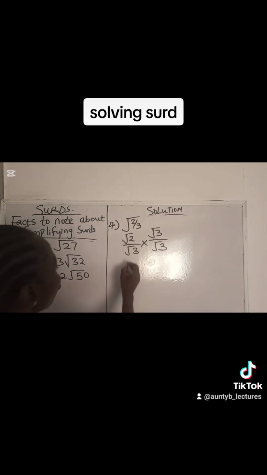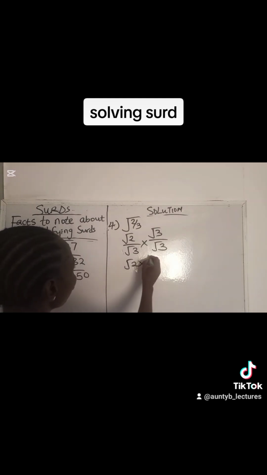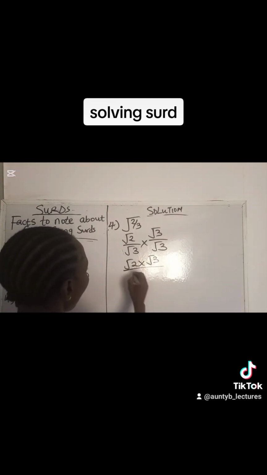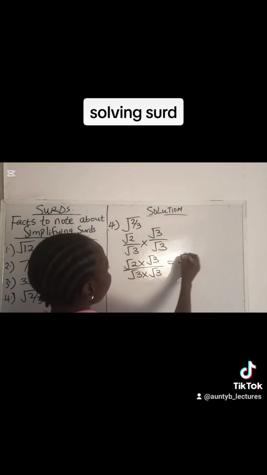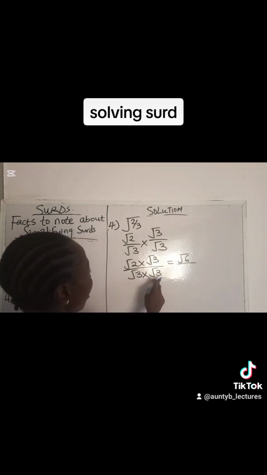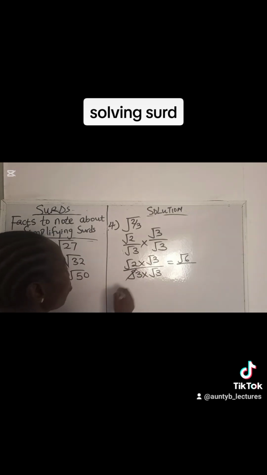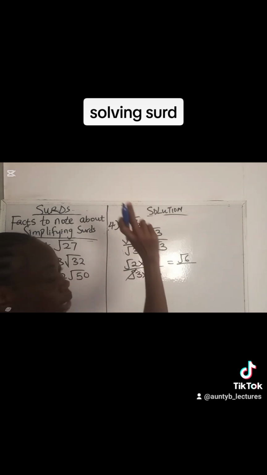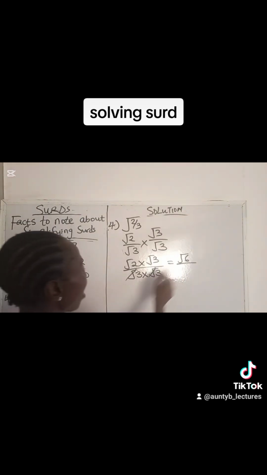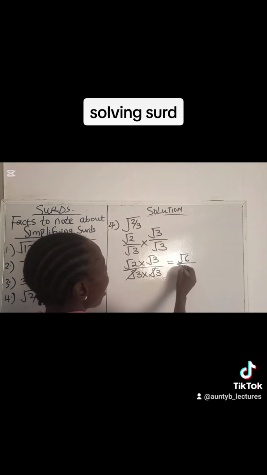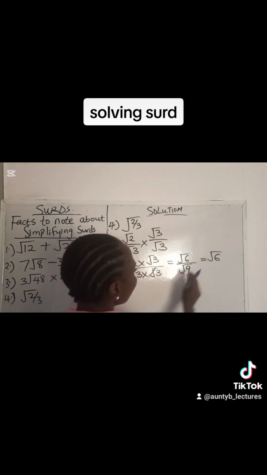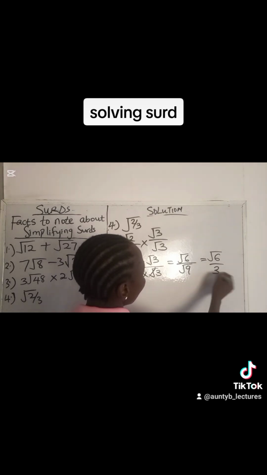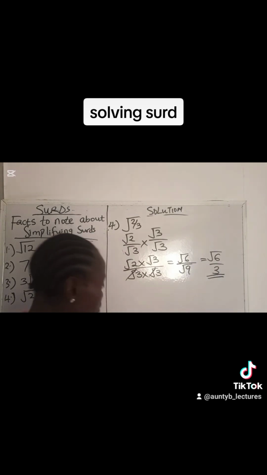We are saying root 2 times root 3 all over root 3 times root 3, equal to root 6 all over root 3 times root 3. Root 3 times root 3 is root 9. What is the square root of 9? It is 3. Our answer is root 6 all over 3.